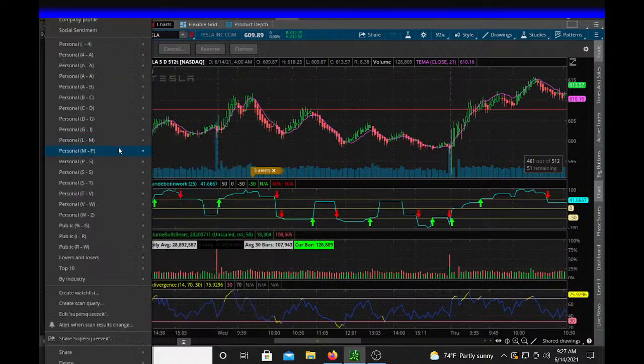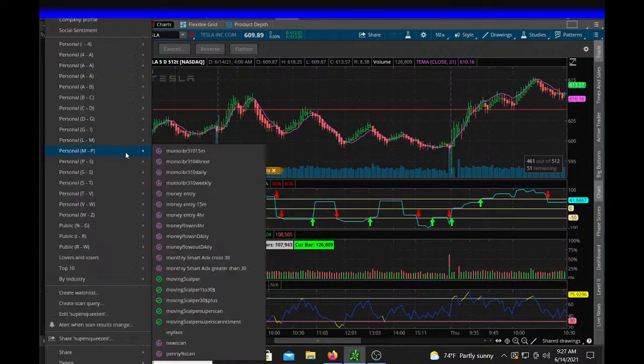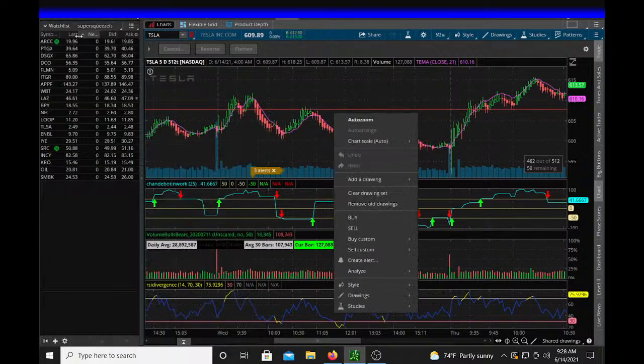I don't see anything popping up there. And maybe our moving scalper with some sentiment here. Oh, something did pop up. All right. Looks like TLSA. Very good. So these are some things that are being squeezed currently right now.